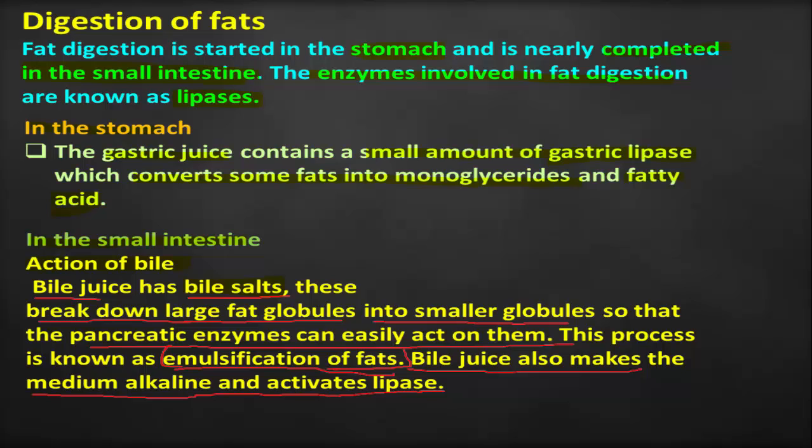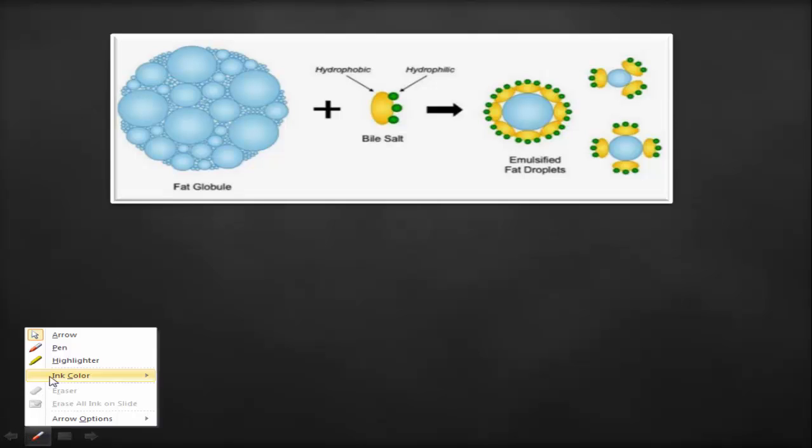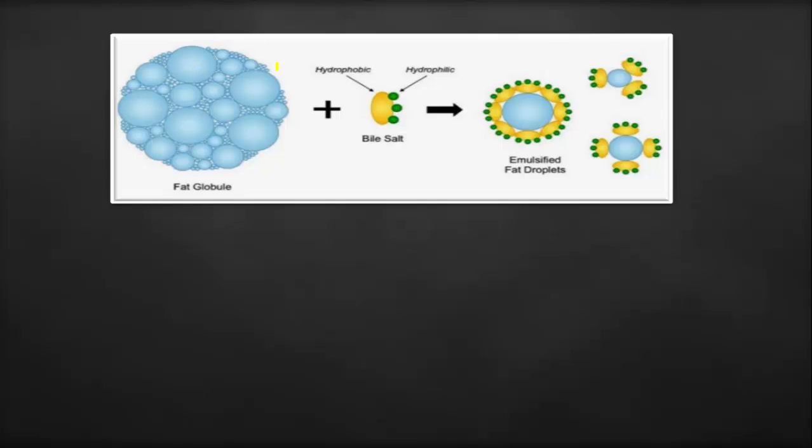Then how exactly does it occur? Here is the image to show the emulsification. This structure represents a larger fat globule, and it is combining with the bile salts.